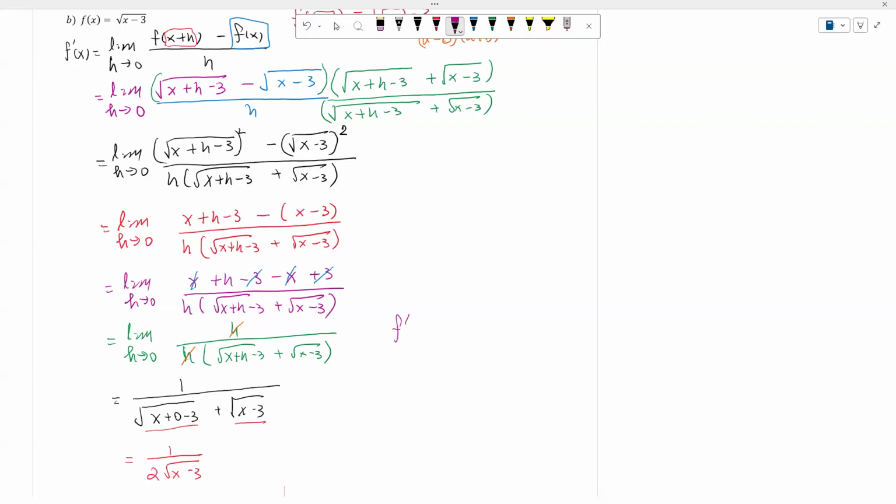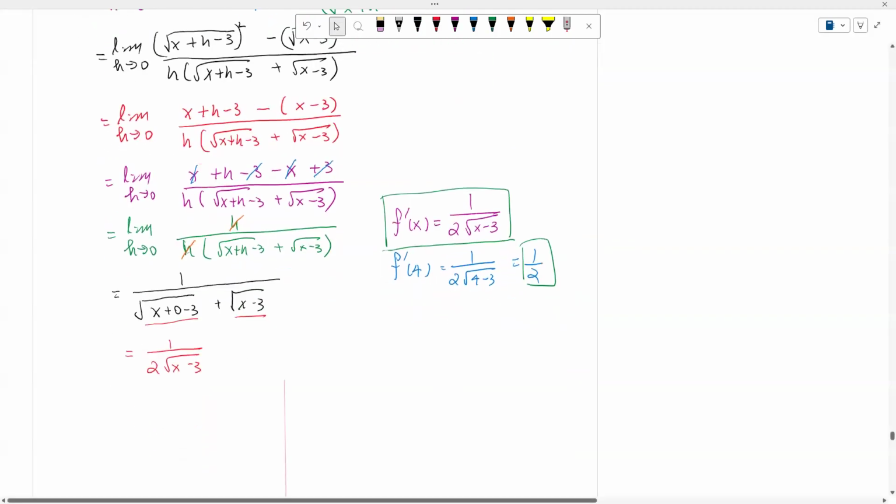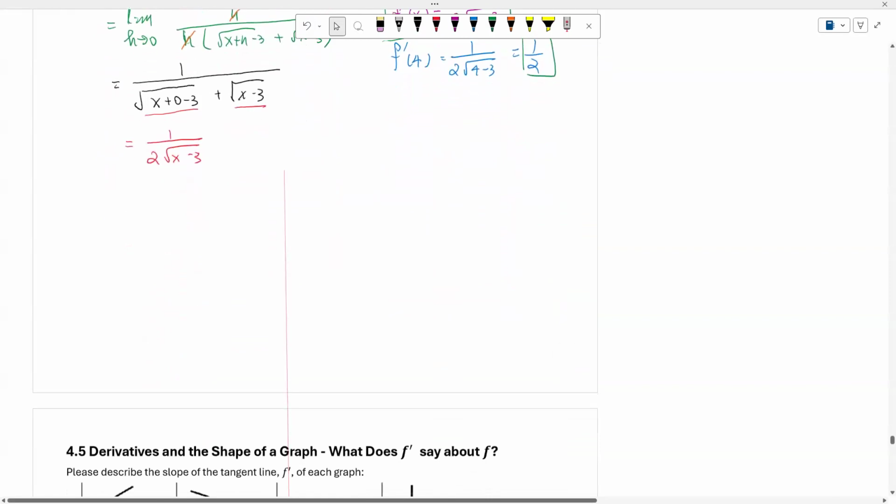Okay, so f prime of x equal to 1 over 2 times square root of x minus 3. Then f prime of 4 is 1 over 2 times square root of 4 minus 3, square root of 4 minus 3, which is square root of 1. So I have 1/2. Okay. Thank you.